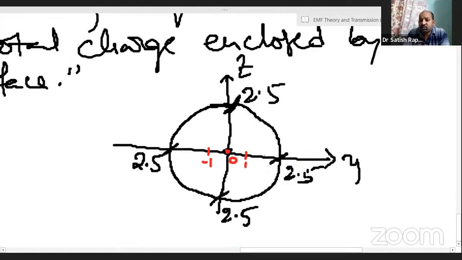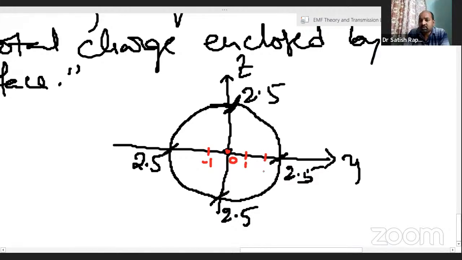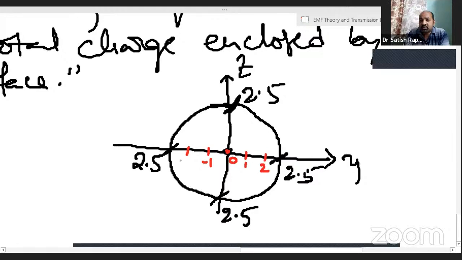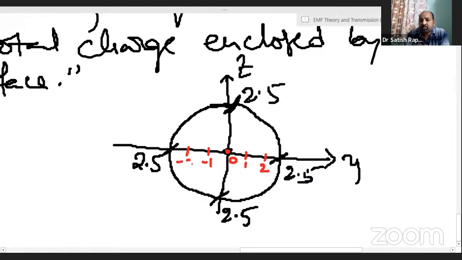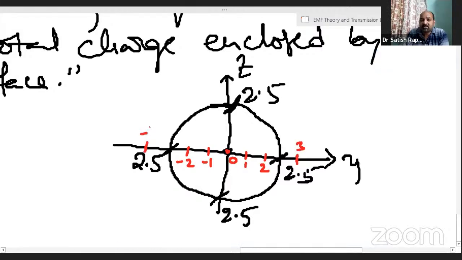And x equal to plus or minus 2: this is 2, and this is minus 2. And x equal to plus or minus 3 is outside, since this is 2.5. So this is 3, and this is minus 3.